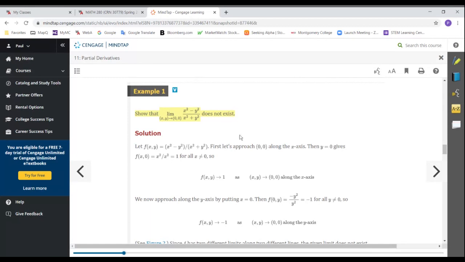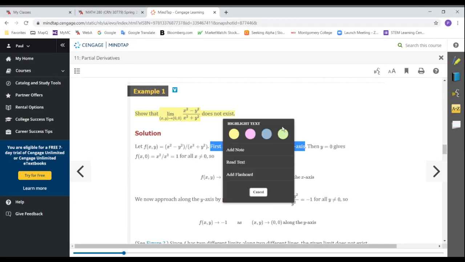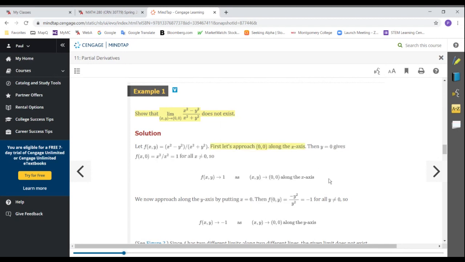So what they do is they say, well, we can approach the origin along the x-axis. And if we do that, we're moving along the line y equals 0.